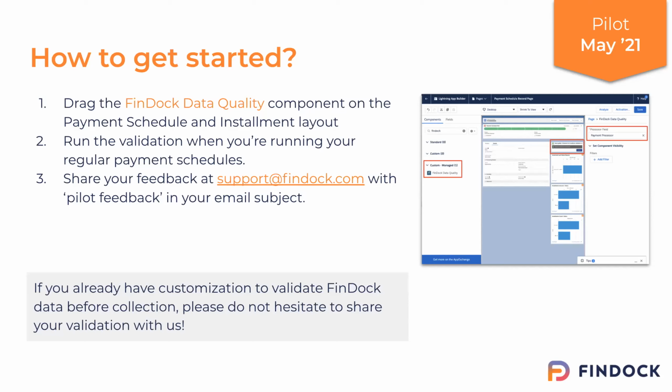Now, you can already do this, right? There's a payment Lightning component that you can put on the payment schedule and the installment layout, and that runs this validation automatically for you. So please, if it's not already on your layout, and for example you're a UK-based customer, put it on your installment and payment schedule layout. Use it.